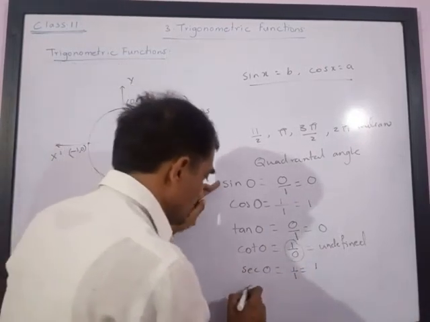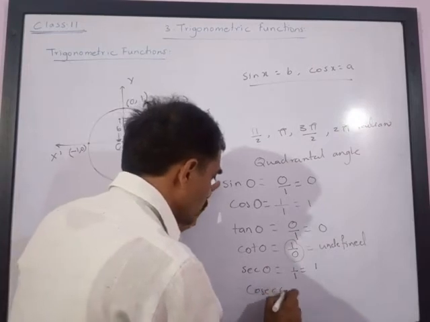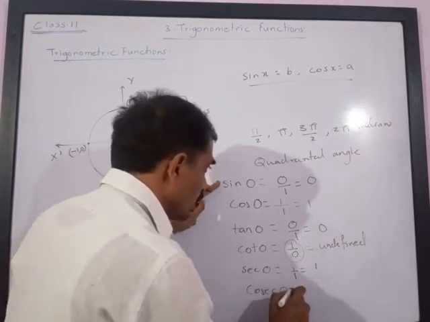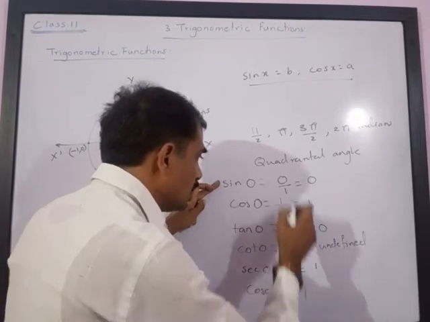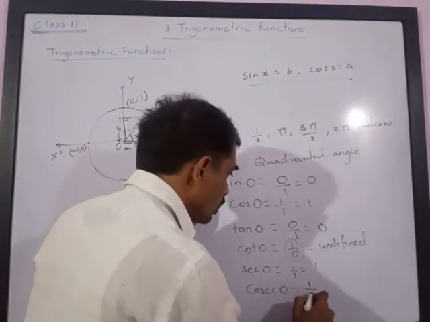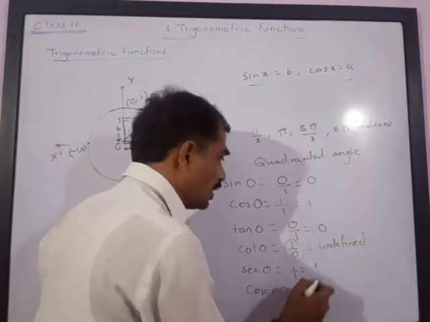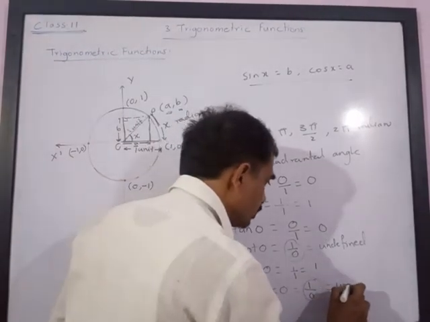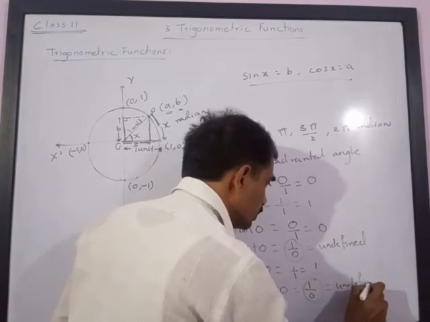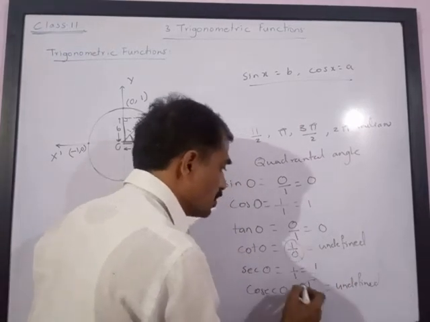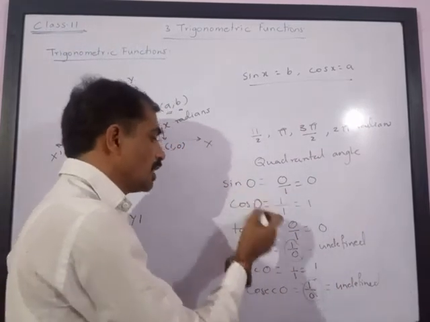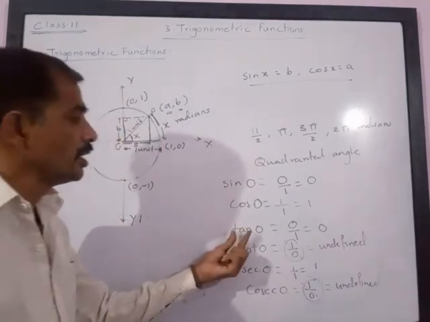Cosec 0 is equal to, again please note, it is 1 upon 0. 0 is at the denominator, hence we cannot write like this, it is undefined. That is, it becomes the reciprocal of the sine and tan.